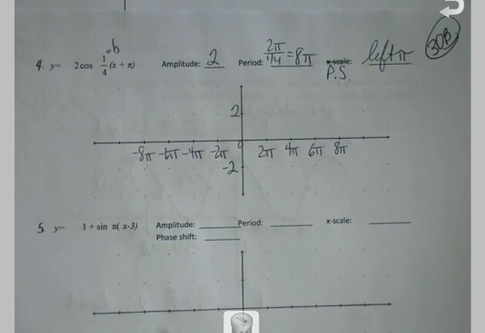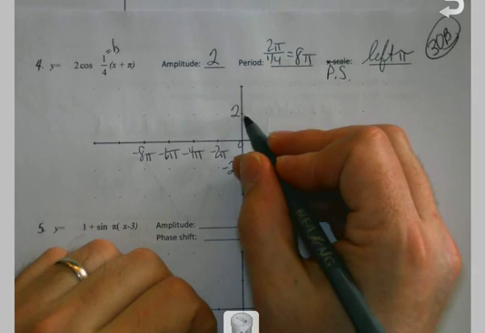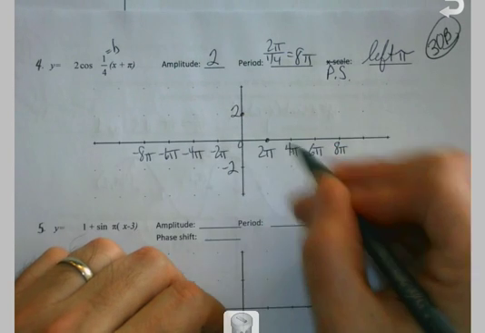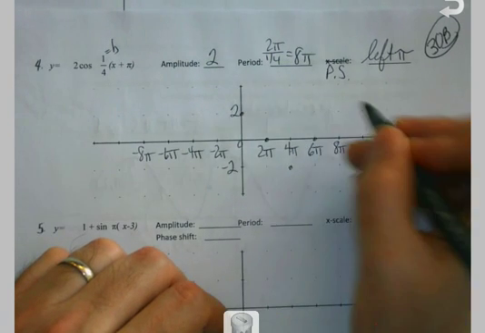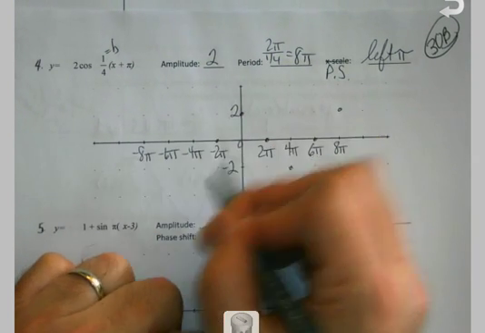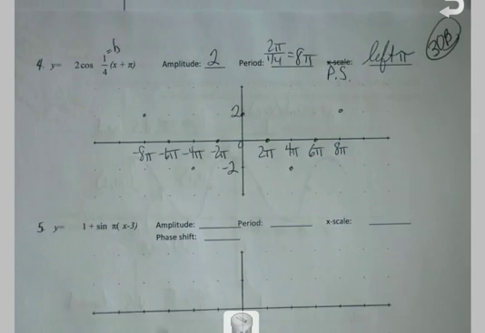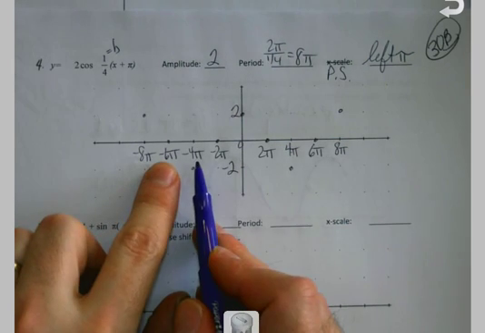Okay. Now here's where the interesting part comes. Again, if I make my base real quick, and I say, okay, so cosine usually starts at the max, 0, min, 0, max. Just make my little dots pattern here quick. But then when I go to make my phase shift, I'm going left 1 pi, not 2 pi, like all these are.